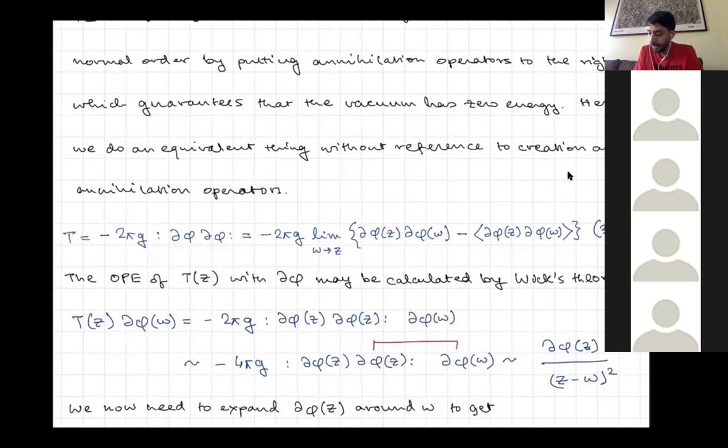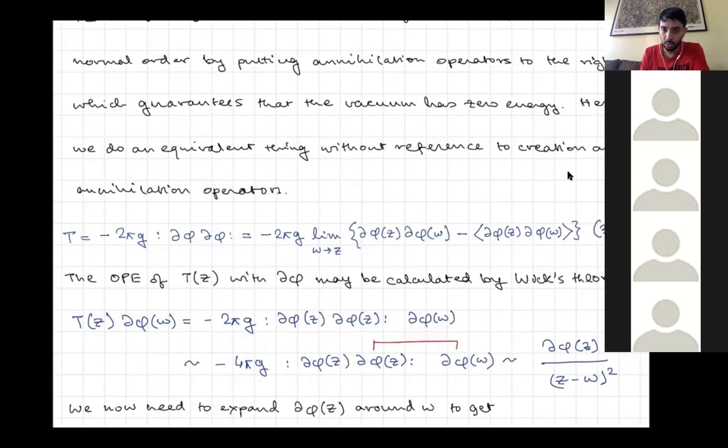Now that you have formulated a quantum mechanical version of what T is, I want to figure out what the OPE of T of z with del phi is. This is going to be done by something that you are reasonably familiar with, Wick's theorem, and let's see how this goes. So we write T of z down first, and we write del phi as well.